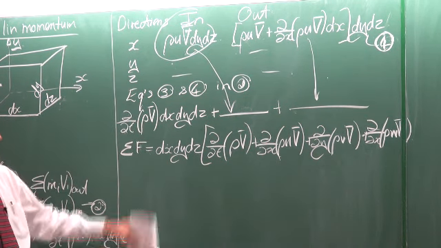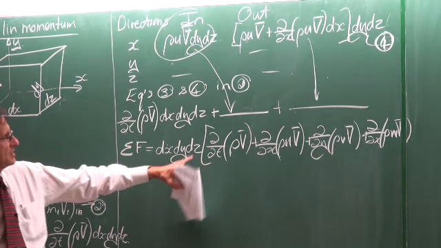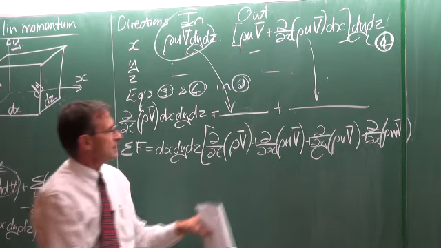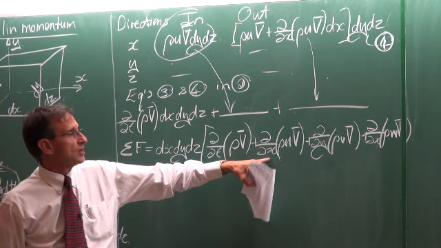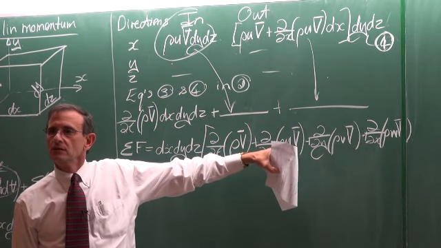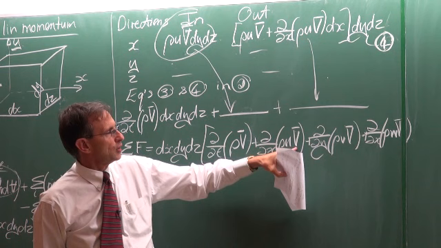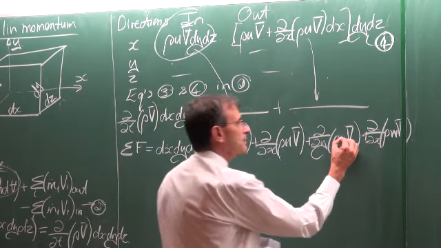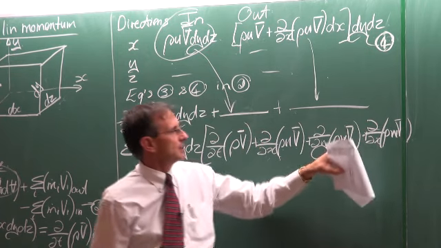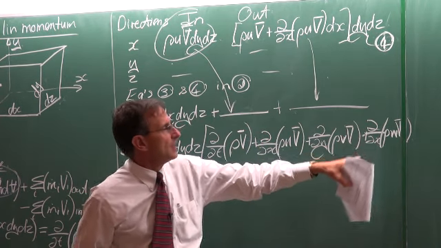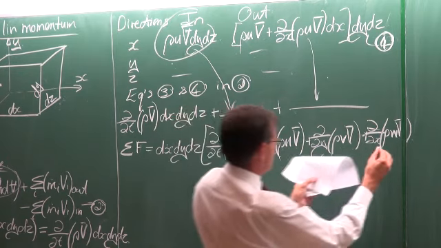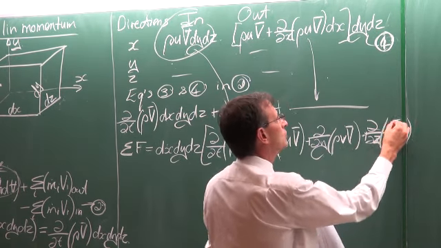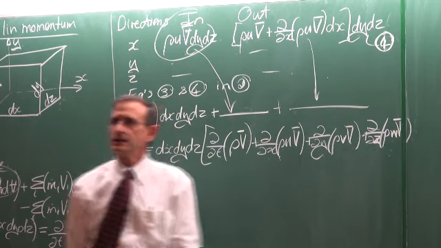That is, dx dy dz multiplied by partial d dt of rho multiplied by the velocity vector, plus partial d dx of rho u in the x direction multiplied by the velocity vector, d dy of rho multiplied by v, small v, multiplied by the velocity vector, plus partial d dz of rho w multiplied by the velocity vector.